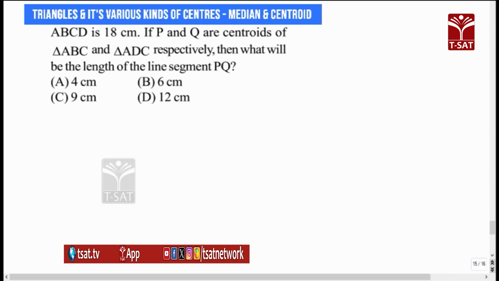Look at the next one. The length of the diagonal BD of the parallelogram ABCD is 18 centimeters. If P and Q are centroids of triangle ABC and triangle ADC respectively, then what will be the length of the line segment PQ? Let us draw the parallelogram here, parallelogram ABCD.